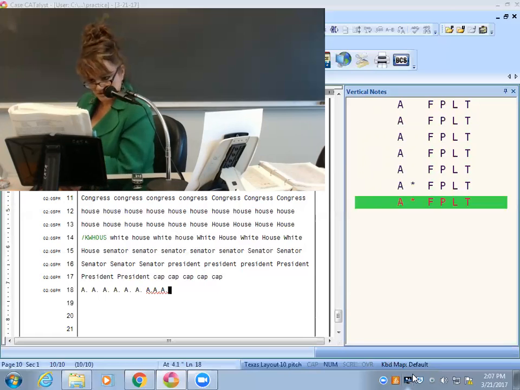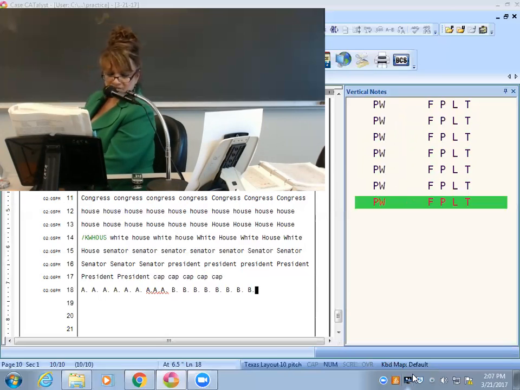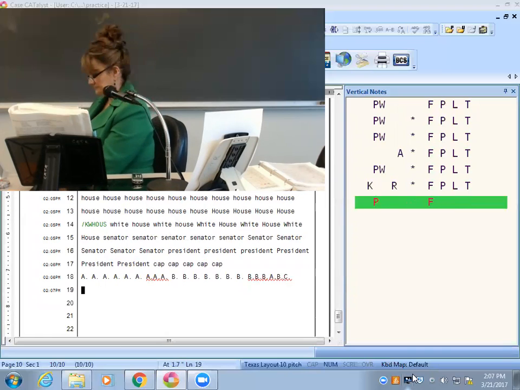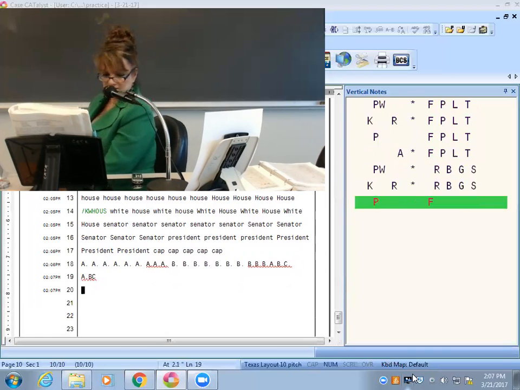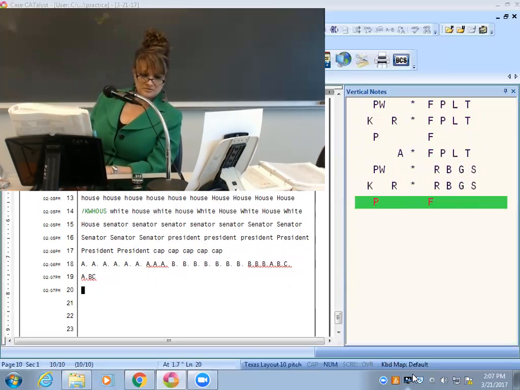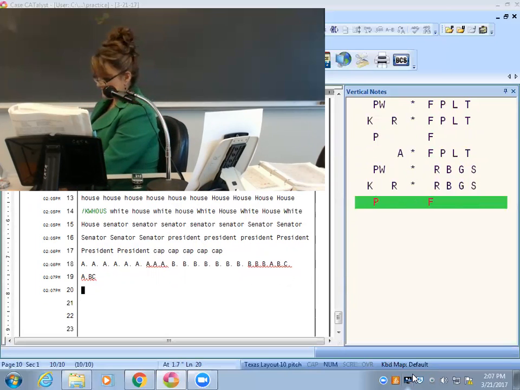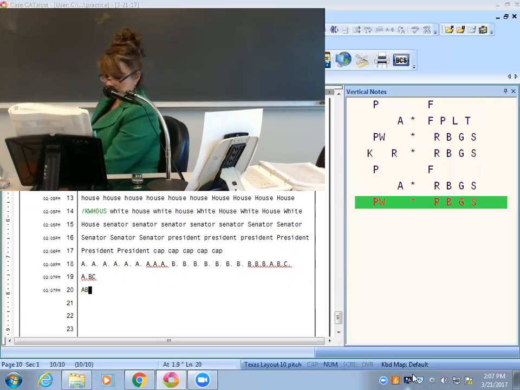So this is what I wanted to show you. B is BFPLT. Think of the FPLT as a period, so B is like that. But if I wanted to attach like A, B, C, then I write it like that. I put the asterisk in to attach them all. Okay? Let me see. A, B, C.